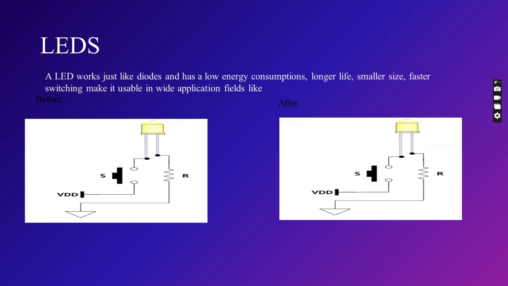In our diagram, we have an LED which is forward biased, meaning the positive side is connected to the positive supply, that is the VDD, and the negative side is connected to the ground.